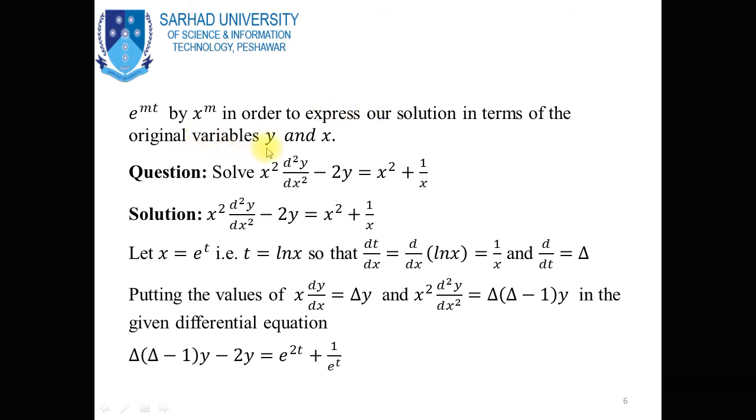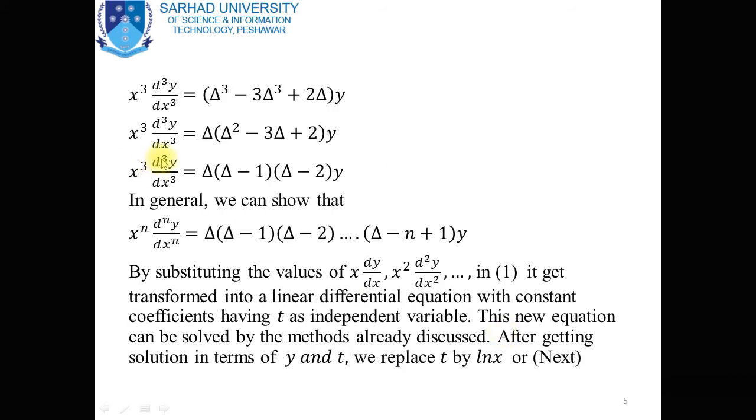So just note that we replace x dy by dx by del y, and x square d square y divided by dx square by del into del minus 1, and we replace x cube d cube y divided by dx cube by del into del minus 1 into del minus 2.